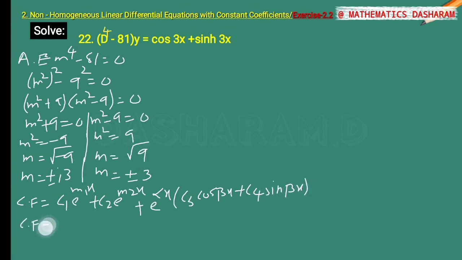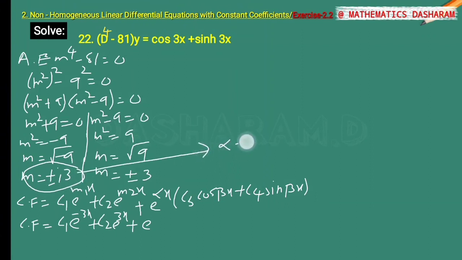So the complementary function is c1 into e to the power of minus 3x plus c2 into e to the power of 3x plus e to the power of alpha x. Here this value compared with alpha plus or minus i beta gives alpha value 0 and beta value 3. So substitute these values.